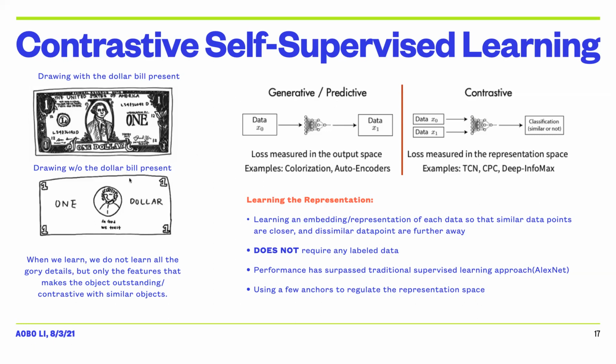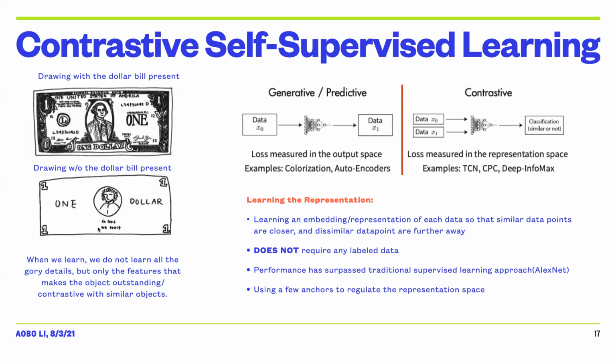But if you ask the same person to draw the dollar bill without the bill present, they only capture a small number of important features, for example, the one on the corner, which indicates how much it is, the George Washington at the center, and the "In God We Trust" sentence.